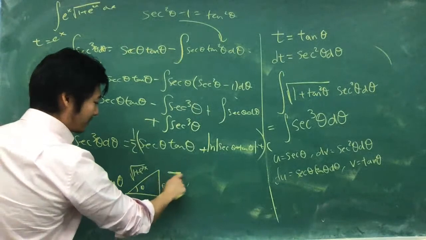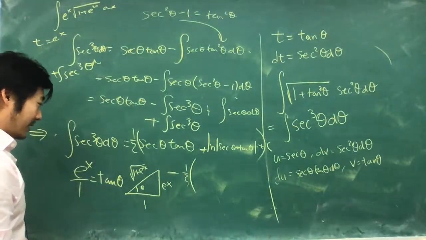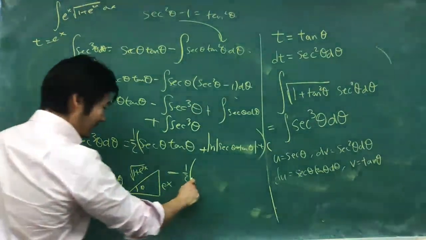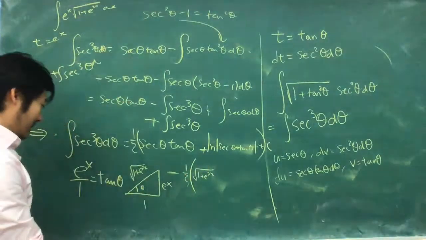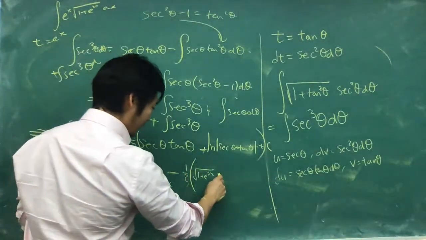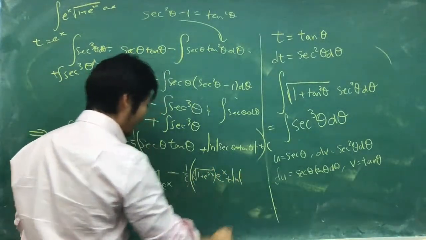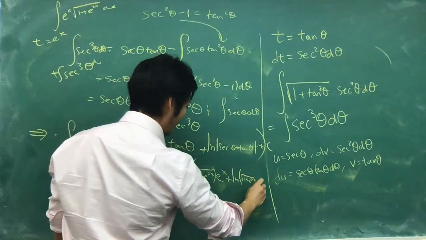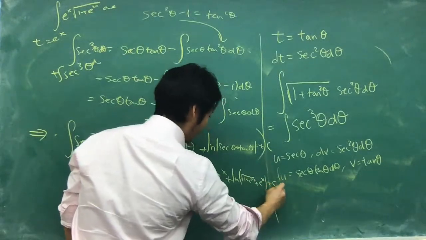And so this becomes 1/2 times secant, which is hypotenuse over adjacent, so the square root of 1 plus e to the 2x, times tangent, e to the x, plus natural log of the square root of 1 plus e to the 2x plus e to the x, plus c.